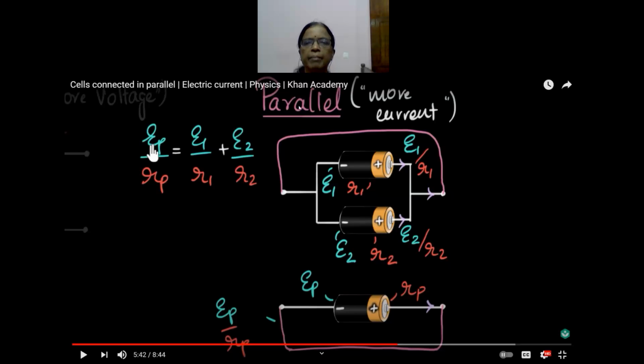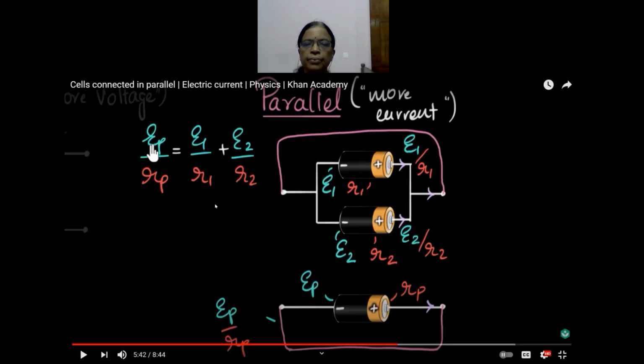Parallel connection is used for getting more current. If you want more current and more voltage, what will you do, children? For more current, which connection do you select, parallel or series? Parallel. For more voltage, series.